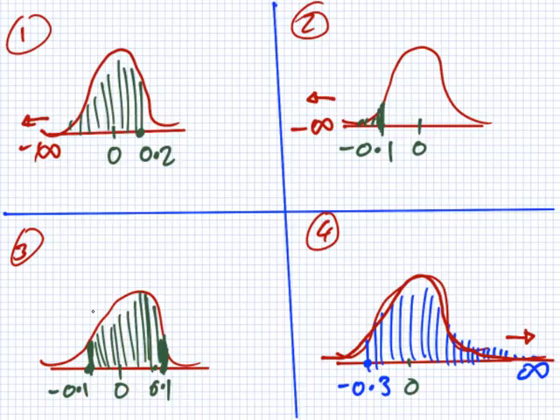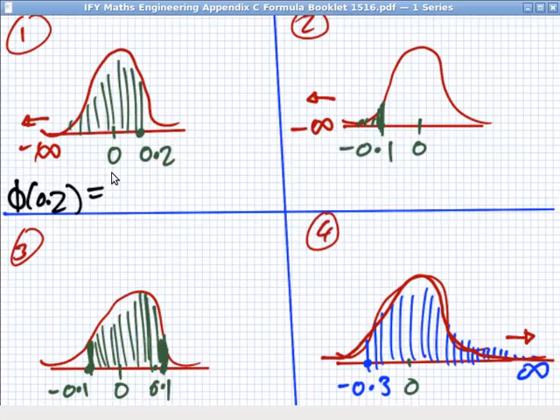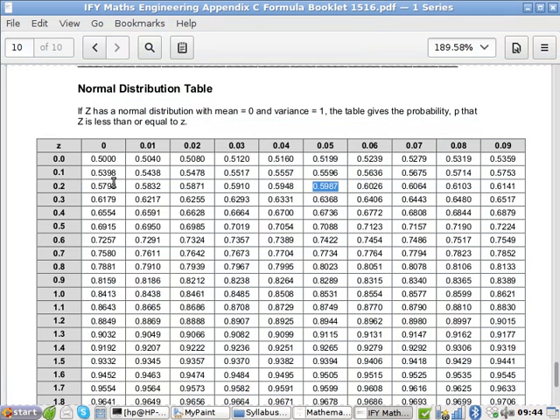Think you got them? Let's see. So the first one will just be table value of 0.2, which equals, if I go to my book here, you have it there, it's gone a bit slow here, it's stuck. 0.2 is 0.5793.